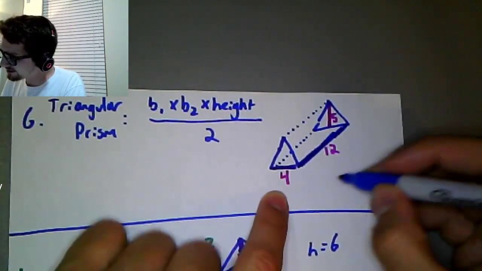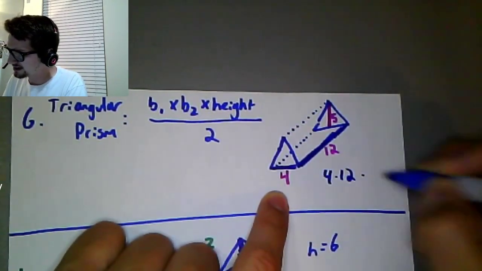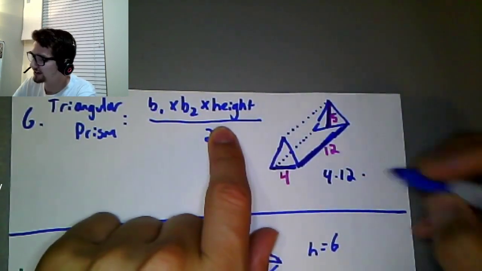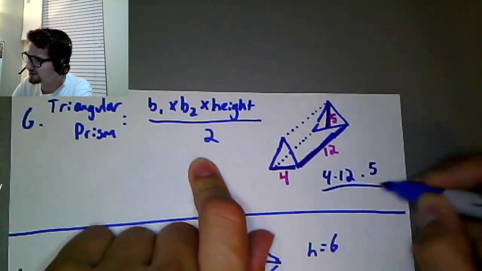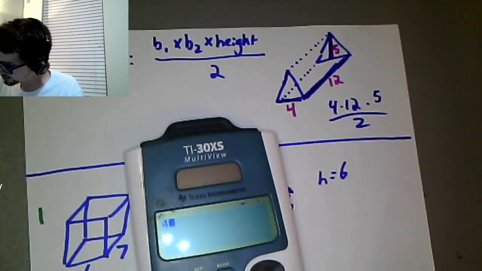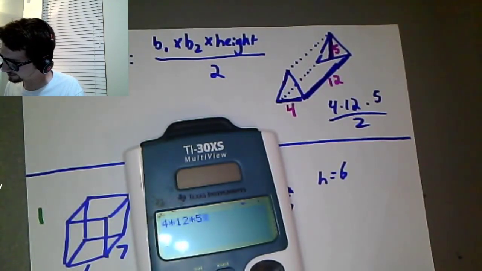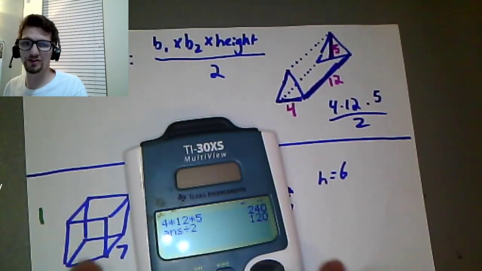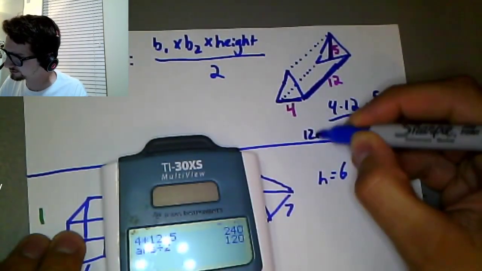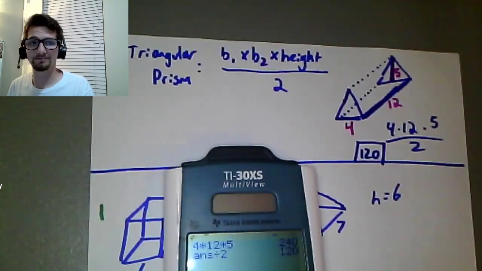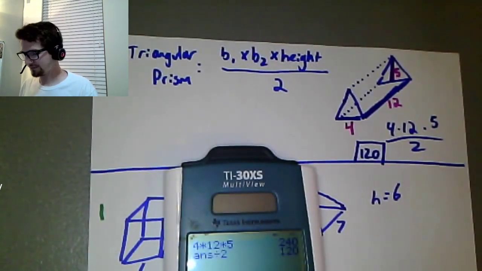So that would be 4 times 12 times the height. The height would be 5. It's the height of one of the triangles, all divided by 2. So 4 times 12 times 5, 240 divided by 2, I get 120. And there's my answer for a triangular prism.